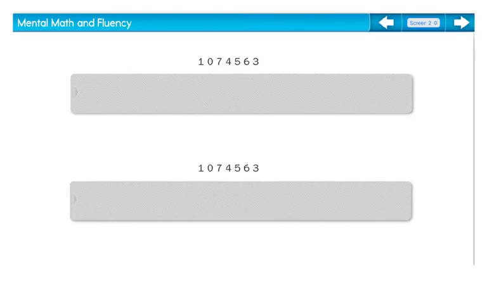All right, erase your whiteboard. Some more numbers to put down. 1, 0, 7, 4, 5, 6, 3. And then halfway down your whiteboard, you can write those numbers again. 1, 0, 7, 4, 5, 6, 3.